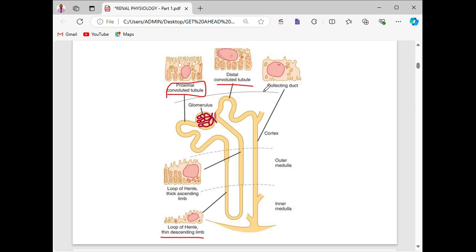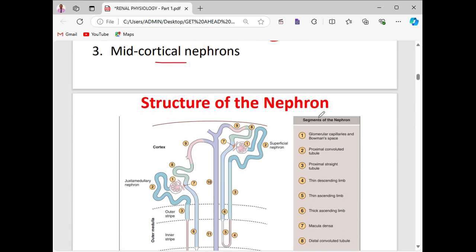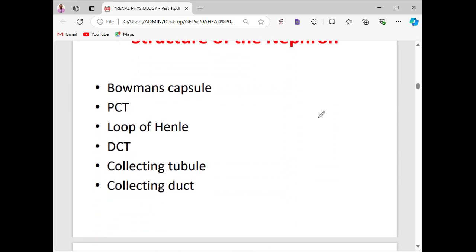From the collecting tubule we have the collecting duct right there. So this is the structure of a nephron.